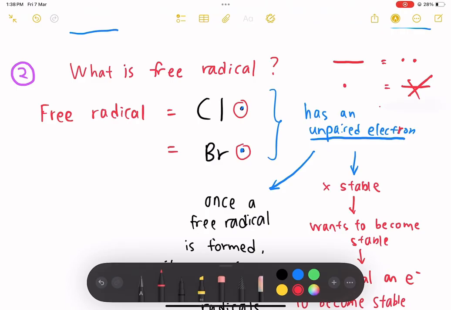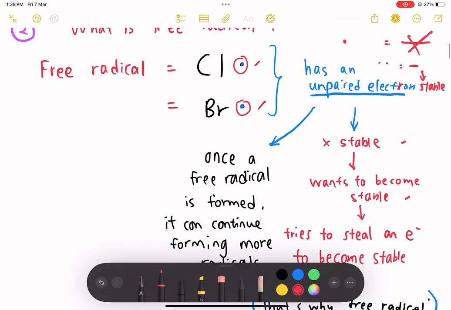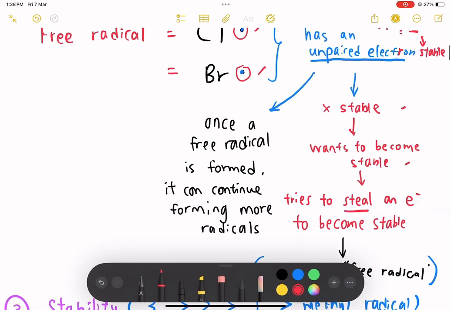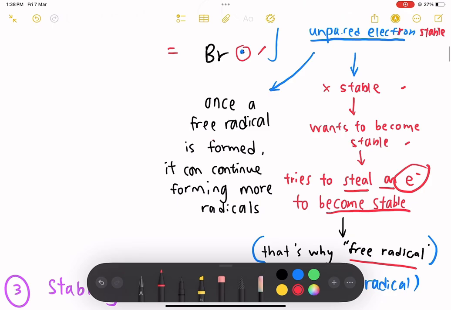Normally we would like to have 2 electrons in order to form a bond and become stable. Since these 2 cases have an unpaired electron, they are unstable. So they will want to become more stable, by trying to steal an electron. That's why it is a free radical.